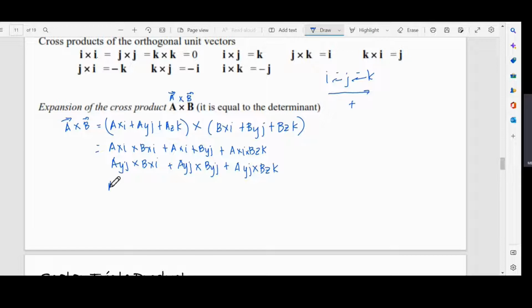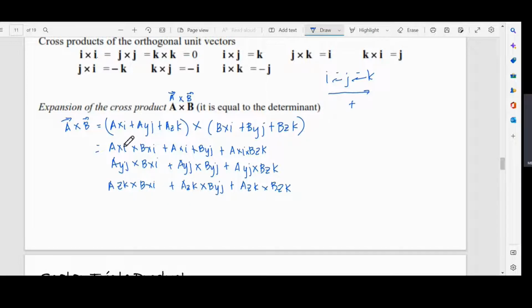And then we also have AZK cross BXI, up to AZK cross BZK.